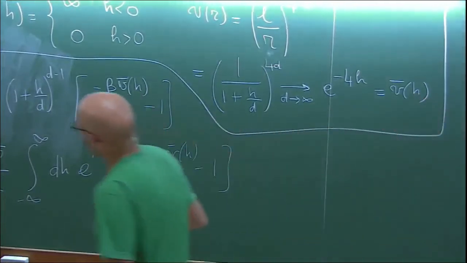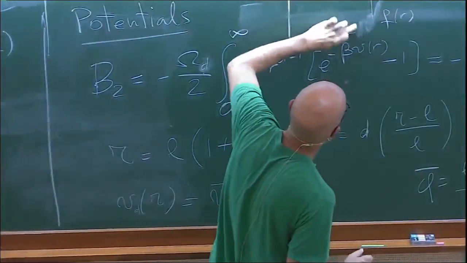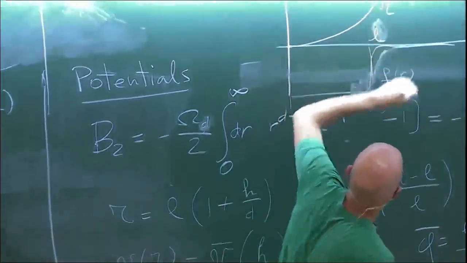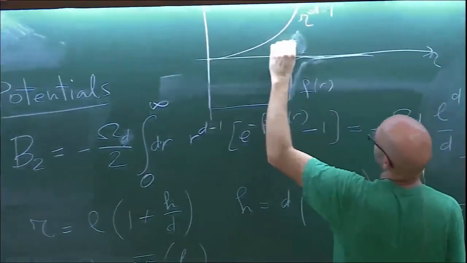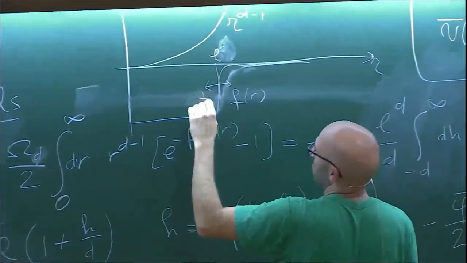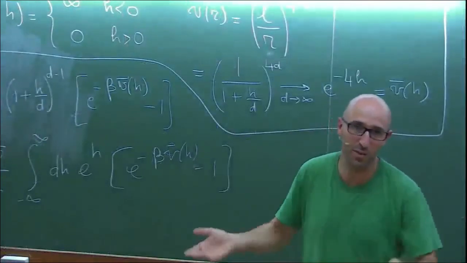Okay, sorry. The last thing I want to say is that what I'm imposing is that this function f of r goes from 1 to 0 in a narrow interval of order 1 over d around the typical scale. Then L can be taken to be 1, a unit of length.